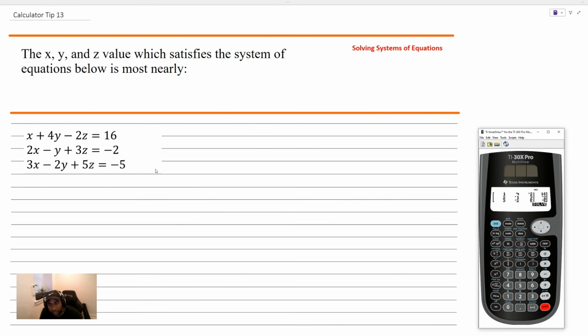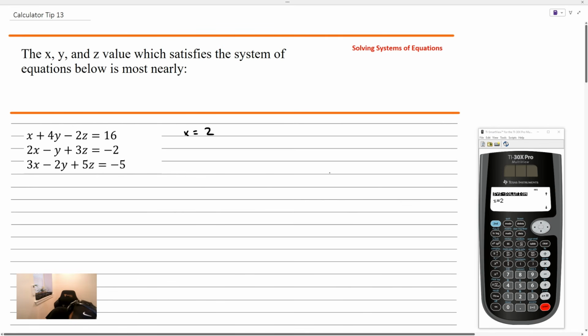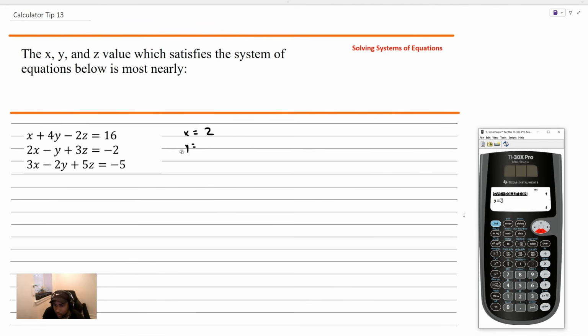And then 3, -2, 5, and -5. It looks correct. We're going to go ahead and solve this system. And we get the fact that x is equal to 2. Y is equal to 3. And z is equal to -1.